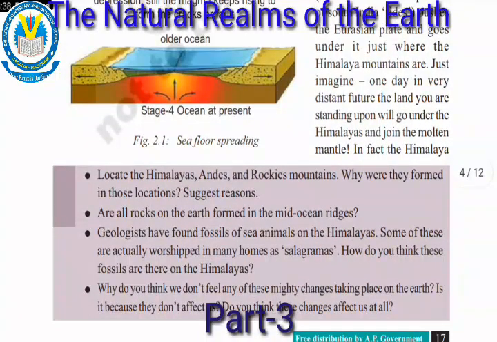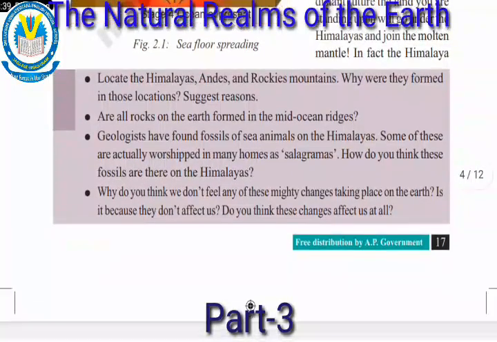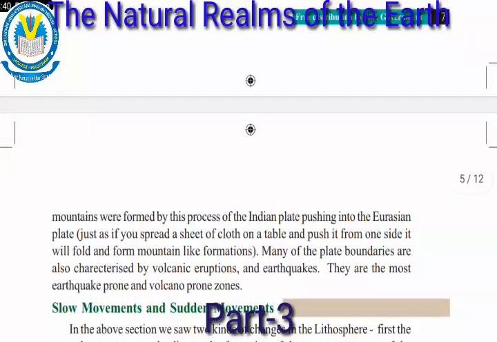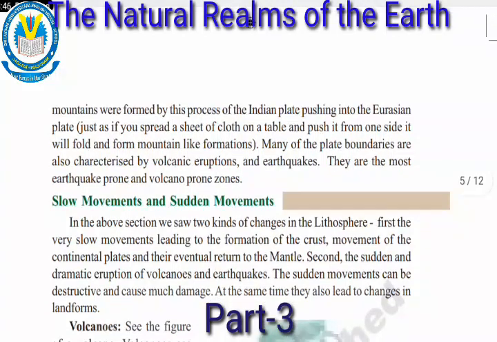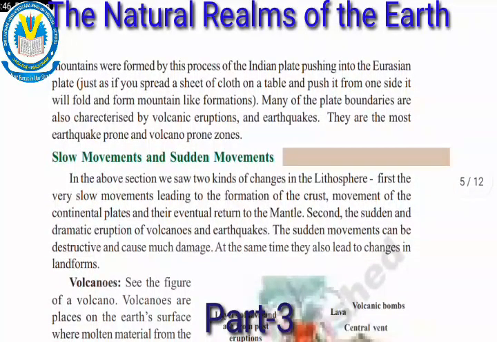Example, the Indian plate moving and going under the Eurasian plate and then forming a new land called the Himalayas. In fact, the Himalayan mountains were formed by this process of the Indian plate pushing into the Eurasian plate.